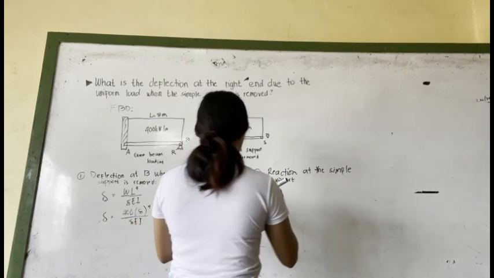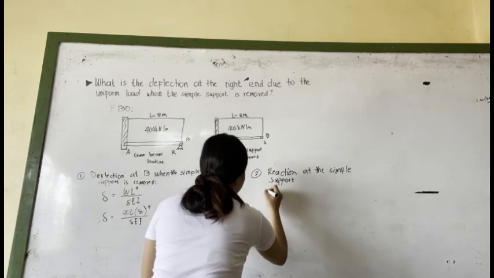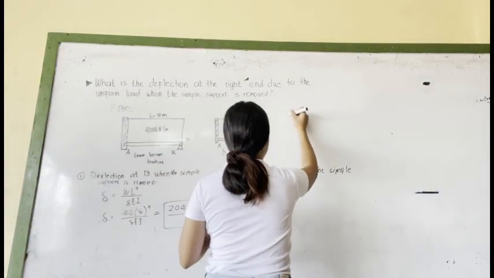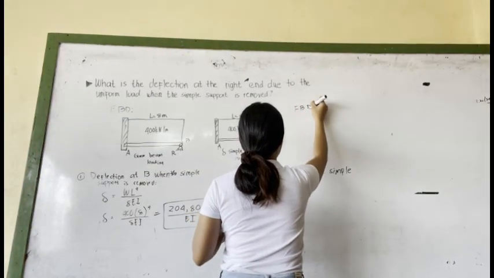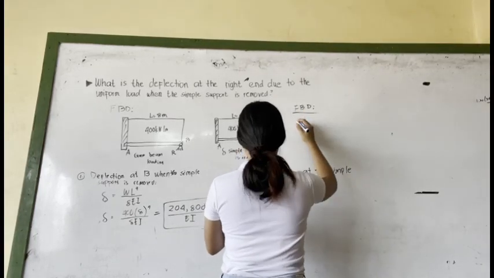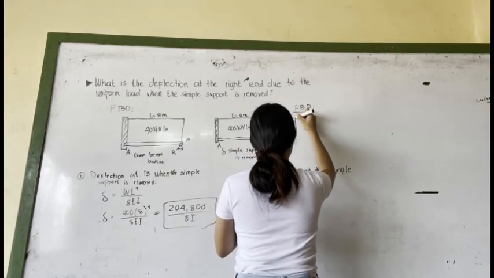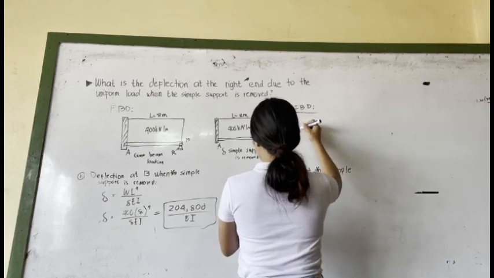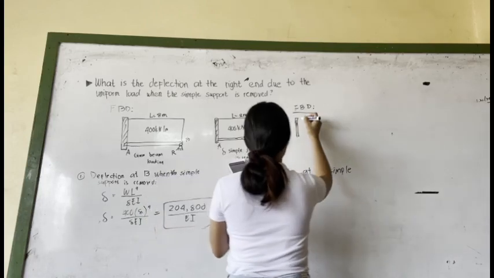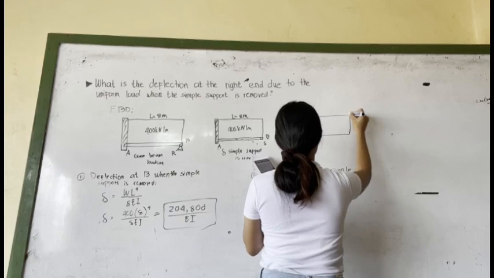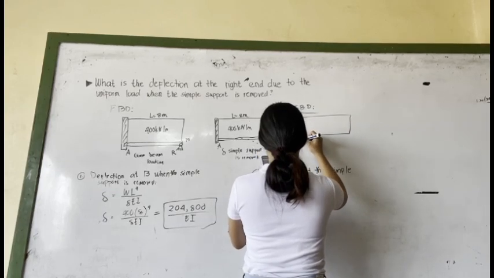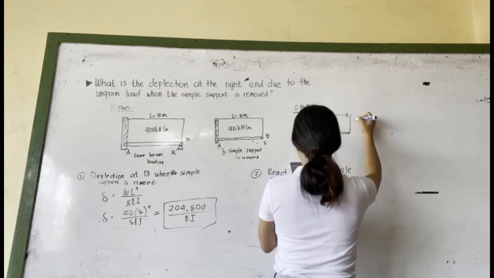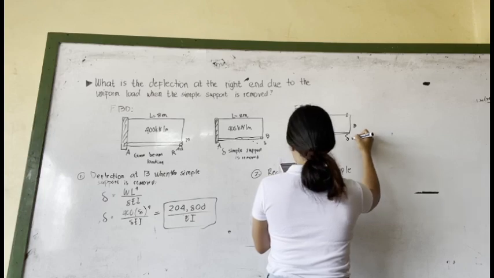So we have a formula of deflection, but before that, we will draw this so that we can identify the given. So this is our prismatic beam. This is our A, and this is our B, and this is our deflection due to the unit load.